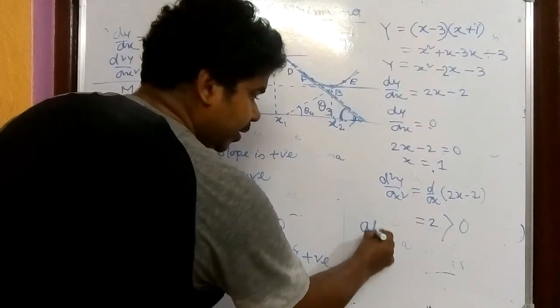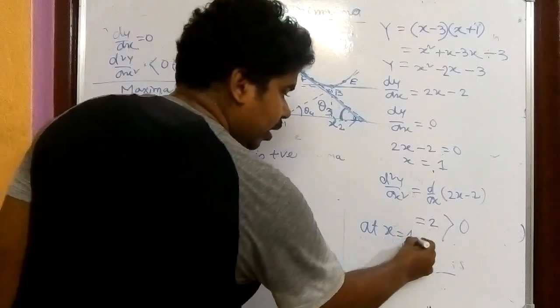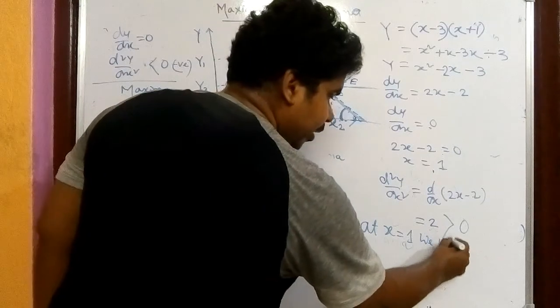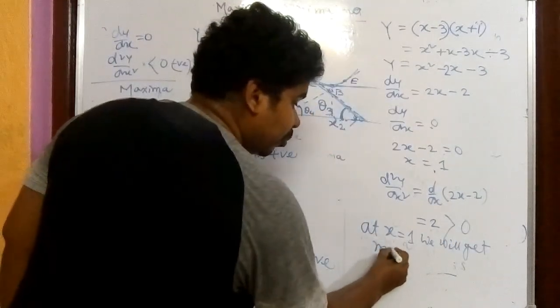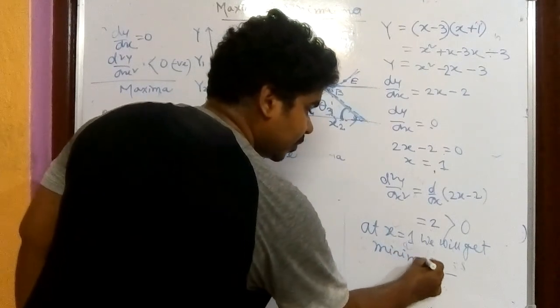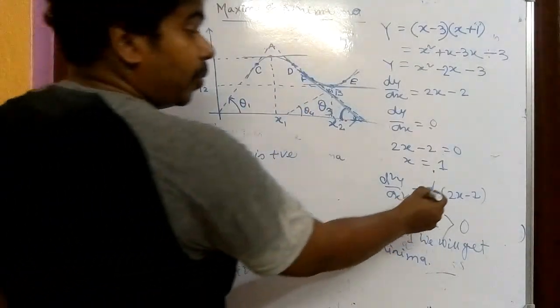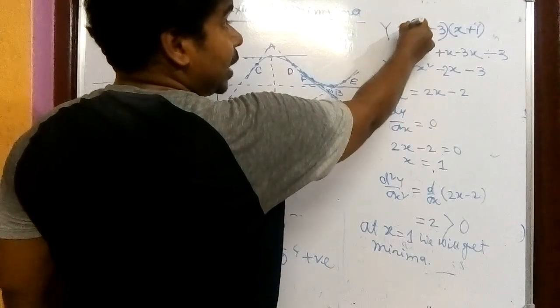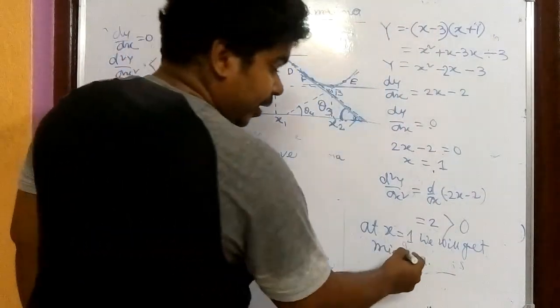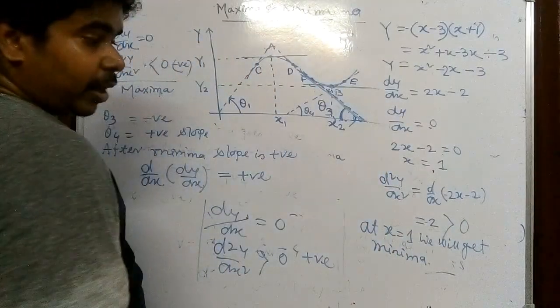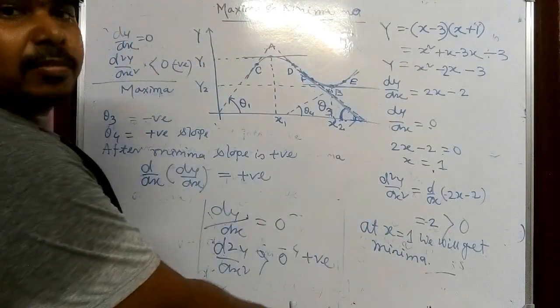So at x equals to 1, we will get minima. If I had given a minus sign here, it would come minus x square, and there we would get minus 2, and that will be maxima.